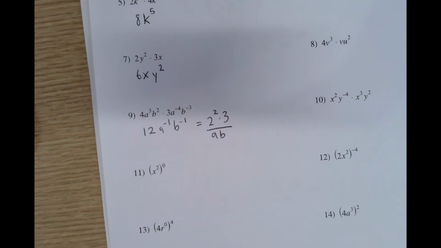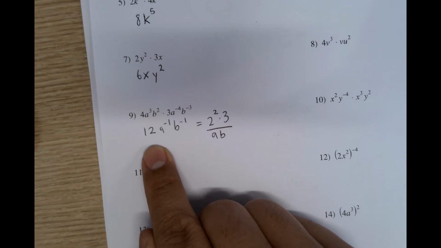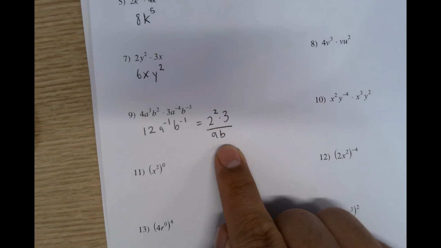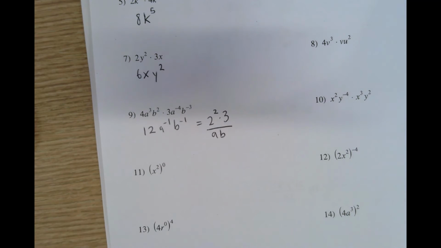Okay? So those are all equivalent. I don't mind if you write your answer like this. That's totally fine to me. If you write your answer as 12a to the negative 1 power times b to the negative 1 power, that's totally fine. Again, this is technically, I think, the answer they might be looking for, but these are the same thing.